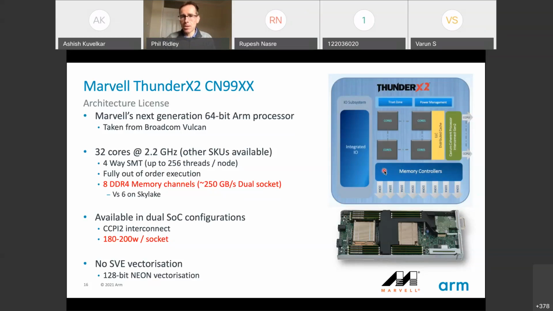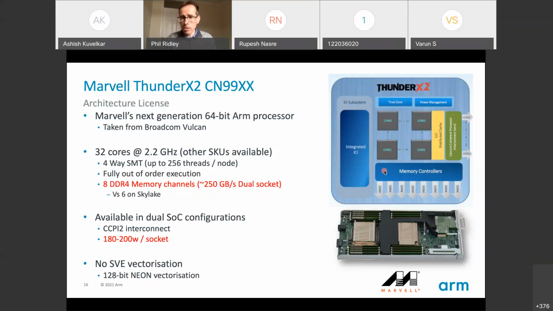What this would do in effect is give you 4 times 64, 256 logical threads per dual socket node. So you could have a lot of logical threads to use if you wished. But you can have them configured as just 1-way SMT, so just giving you the 64 cores.